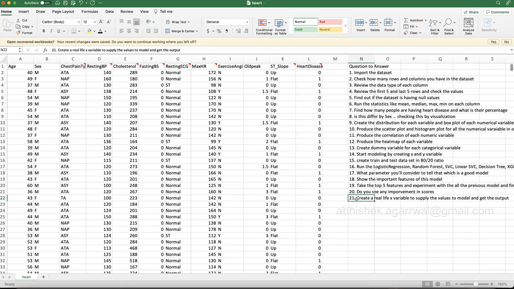That's something I want you to do, because in the next couple of days I am going to tell you about one application interface, and with the help of that, how you can develop a machine learning application and start producing output like this. So that's about this case study.